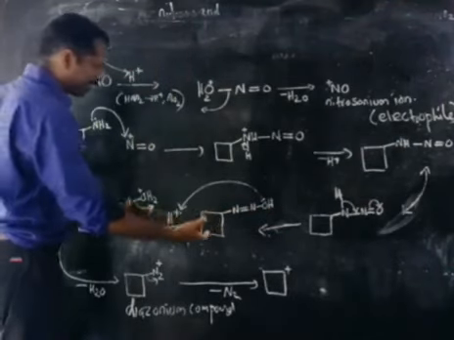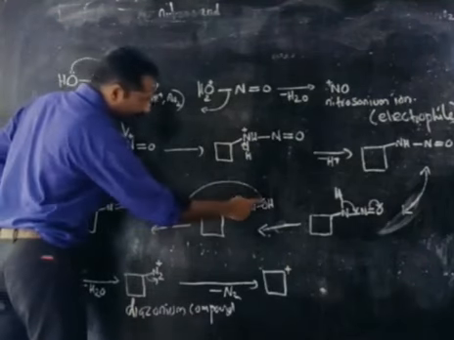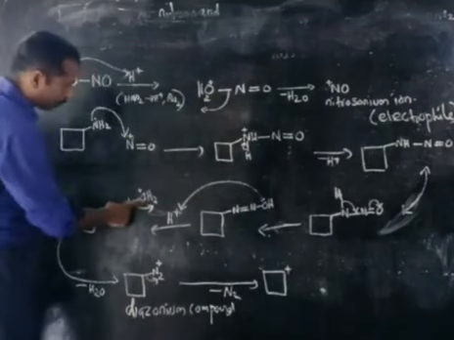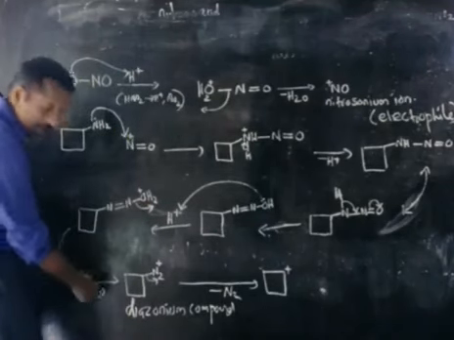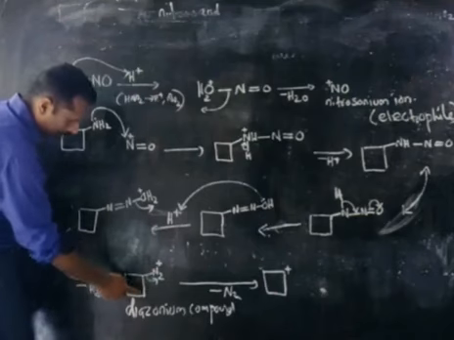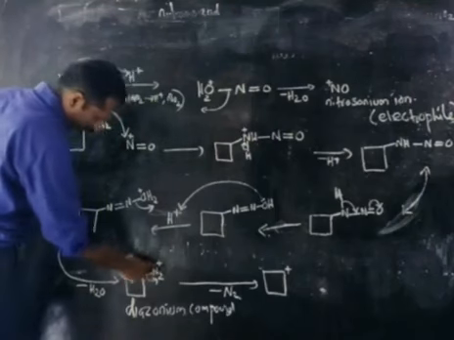Now in the next step, again H plus is present in our reaction medium. This lone pair is attacking this H plus, and here it is OH2. Now again a water molecule is eliminated, and you get the diazonium ion.